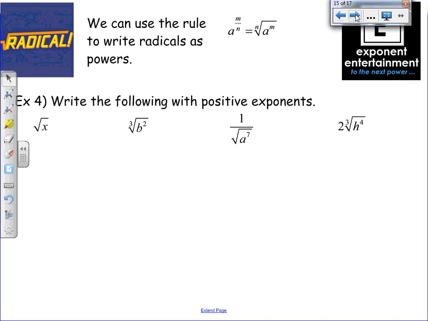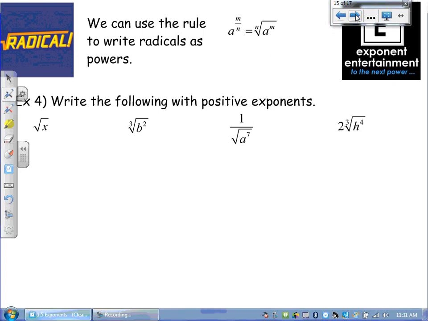It should work. Okay, so now we're just doing it the other way. If we want to convert that into a power with a positive exponent, what's our denominator? This part stays the same. It came from there. That part came from there.